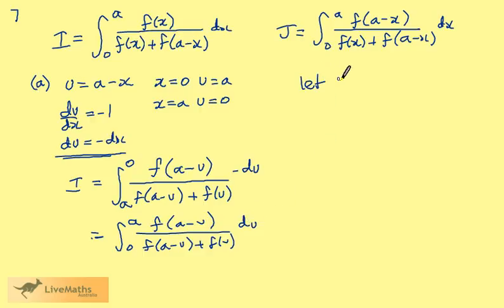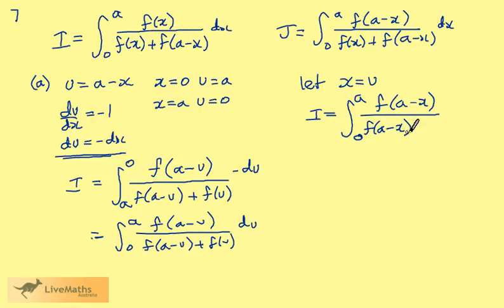And now just let x be equal to u. So I becomes the integral from 0 to a of f of a minus x over f of a minus x plus f of x dx, and we can see that that's equal to J.